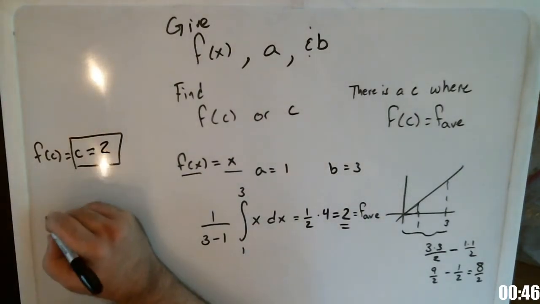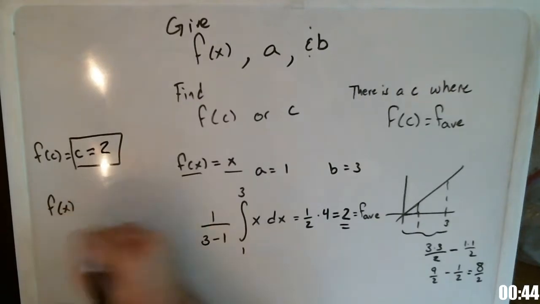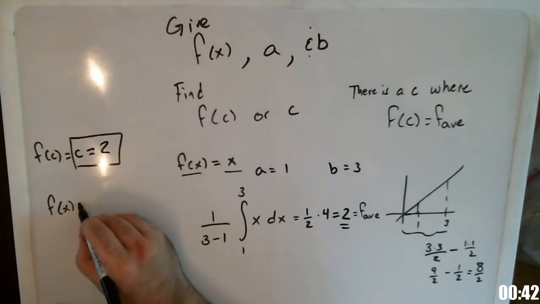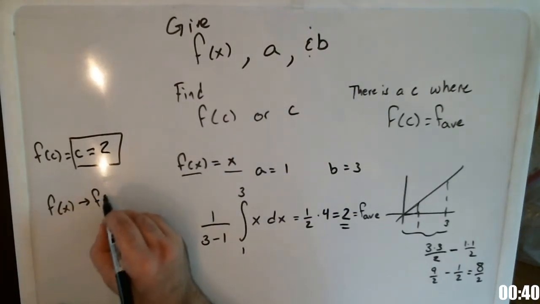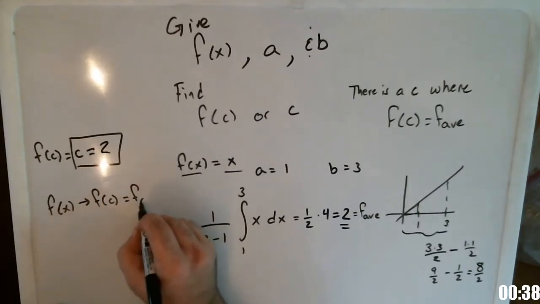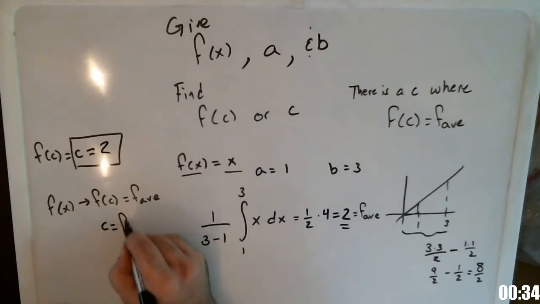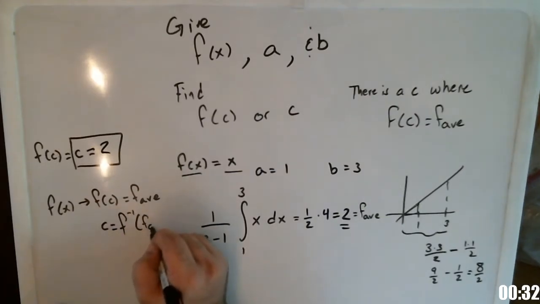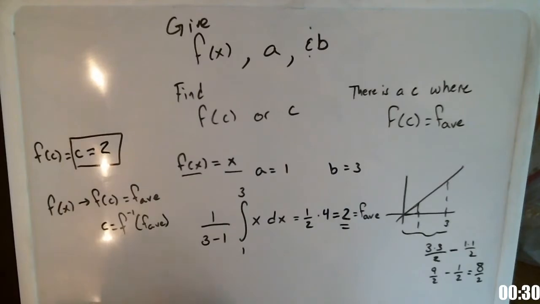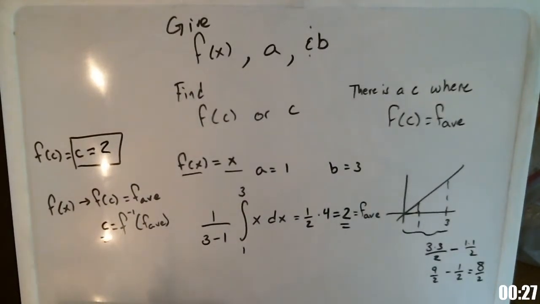If it was a little bit uglier, and I'm not going to write down what f of x is, I know what I'm looking for is the f of c, which equals f av, and as long as this function's invertible, I can say that c equals f inverse of whatever the average is. And that's how I could find the point c.